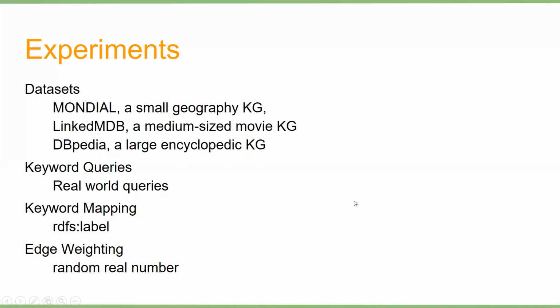For the keyword mapping function, we just use keyword label, RDF label, and build inverted indexes. For the edge weight, we choose random real numbers. You can find all the data, keyword queries, and the running results in the paper.